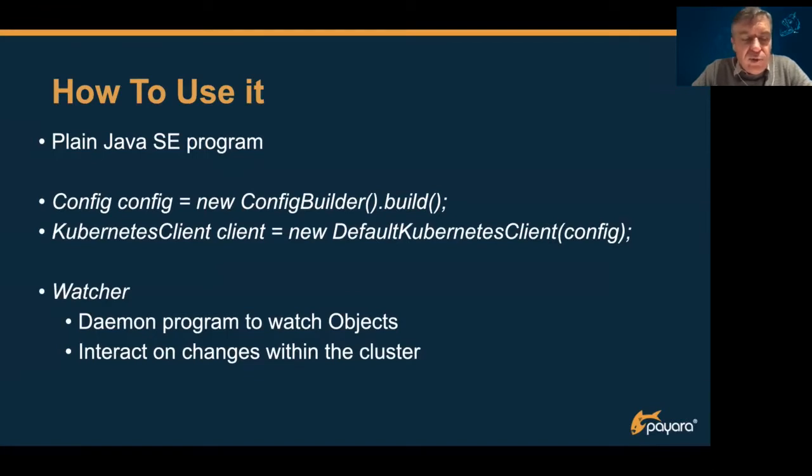Later on, if you decide that you need such an operator, then of course you can create it with any kind of framework that you like, that you are familiar with. Also, an important aspect of that client API in Java or in general is that you have that watcher principle.